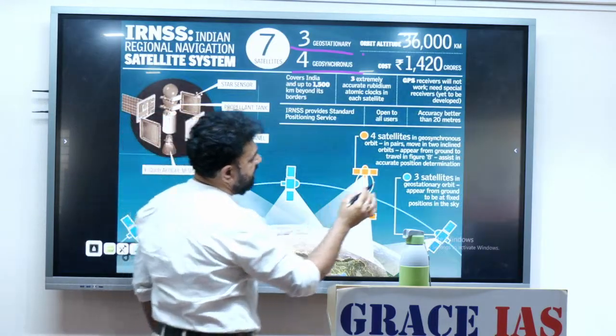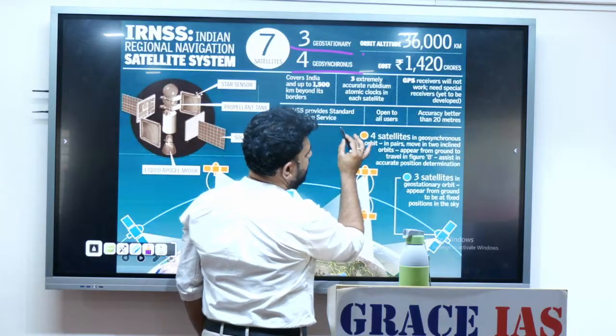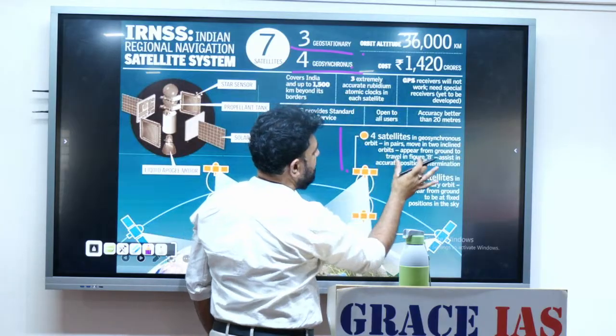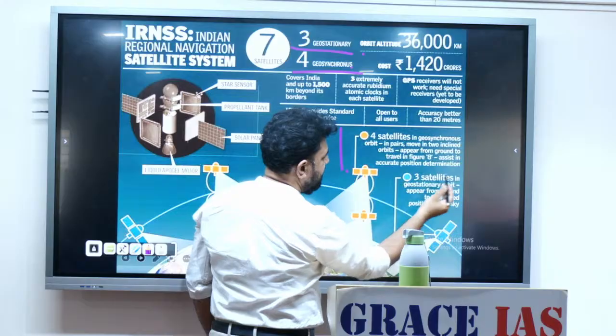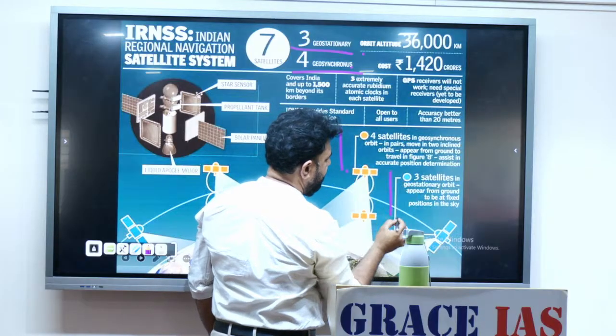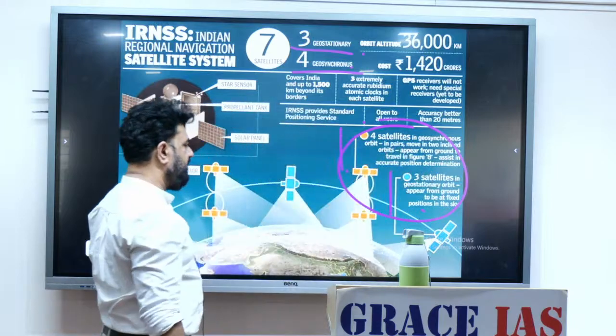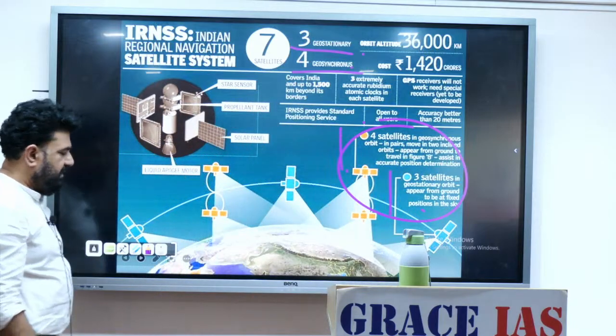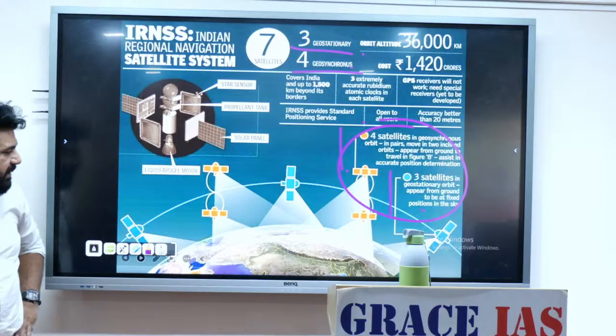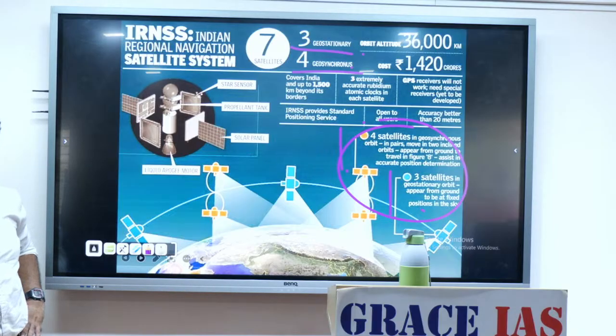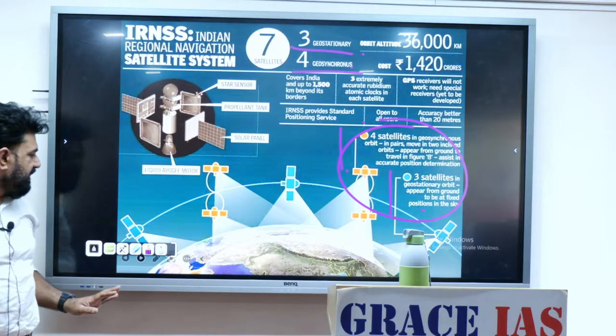So 4 satellites are geosynchronous, and 3 satellites are in geostationary orbit, making 7 in general. It gives accurate position and navigation, transportation for both civilian and defense purposes. So this is about regional navigation service.